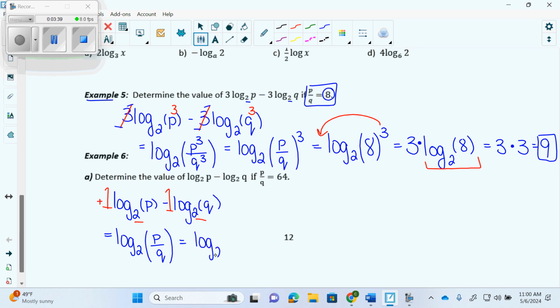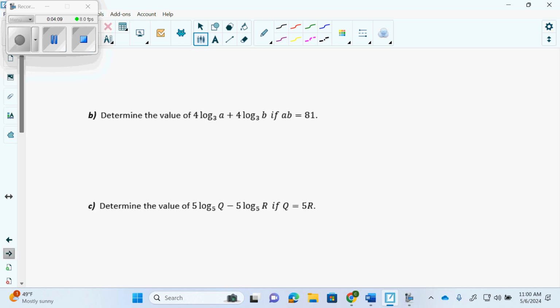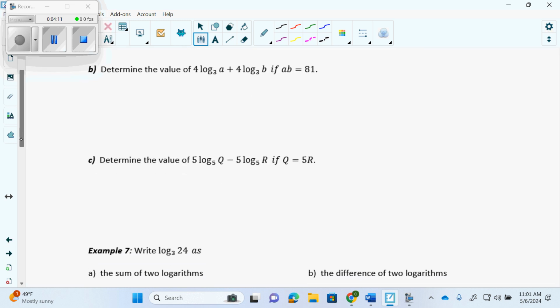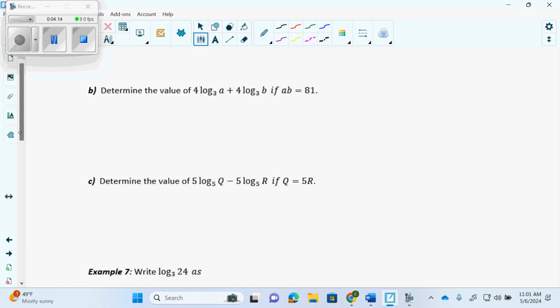So I get log base 2 of 64, which is what? 6. Okay, and we're going to flip over.